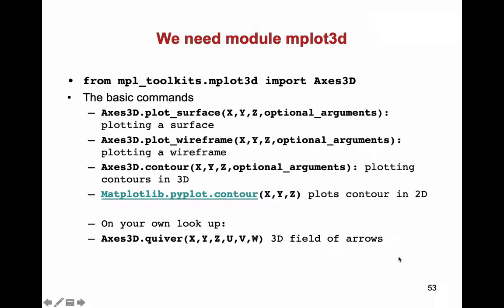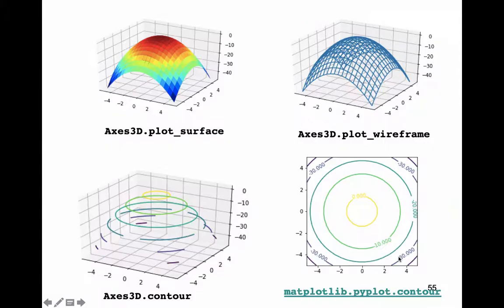You can create a field of arrows if in transport phenomena you want to plot a velocity field in future. You would use the function quiver, and so forth. So this is an example of a wireframe, okay? This is a contour in 3D, and this would be a projection contour which is available in PyPlot.